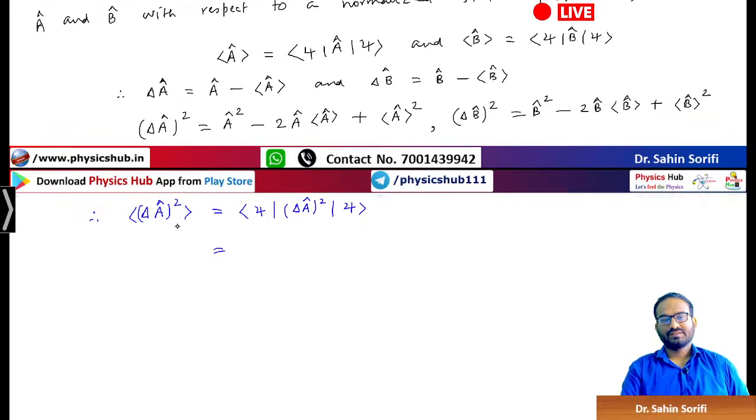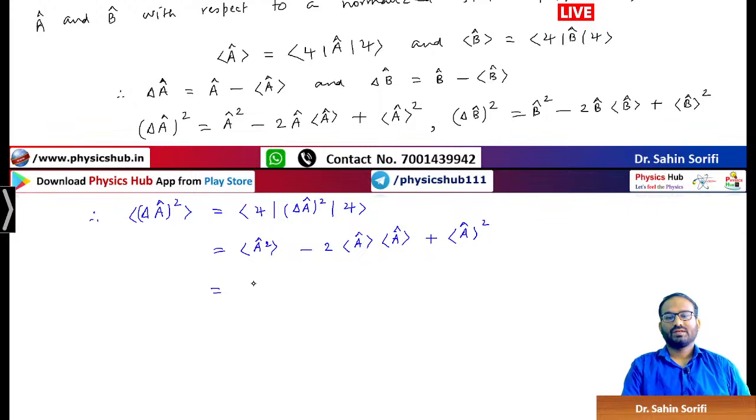Now taking expectation value of A square minus 2 expectation of A, and expectation of A is already there, so we don't need to do anything about it, and here also we don't need to do anything because the expectation square is already there. So this is expectation of A square minus this.